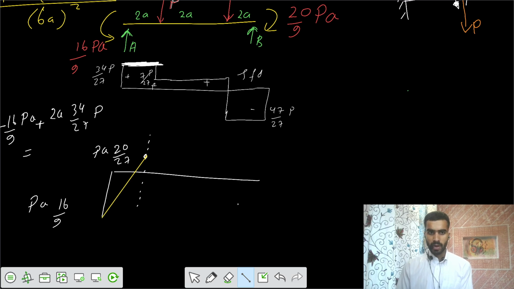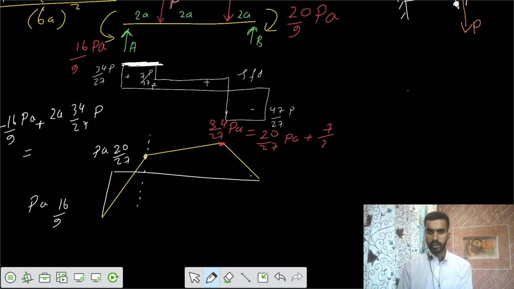Similarly, after writing that new moment plus the area between the 2 points, we would get some increased value. Finally, we get the bending moment diagram in this fashion. This value would be equal to 20/27 of PA plus the area of the SFD between the 2 points.